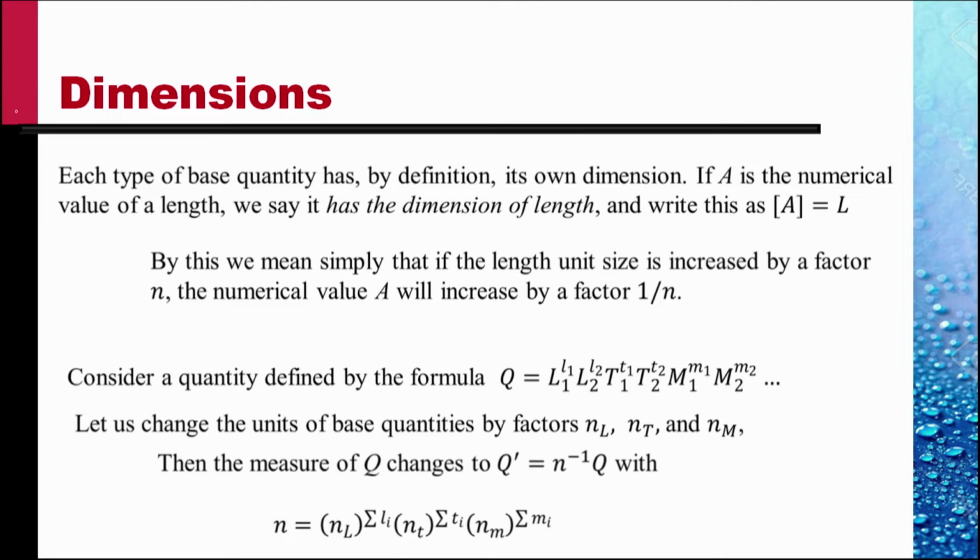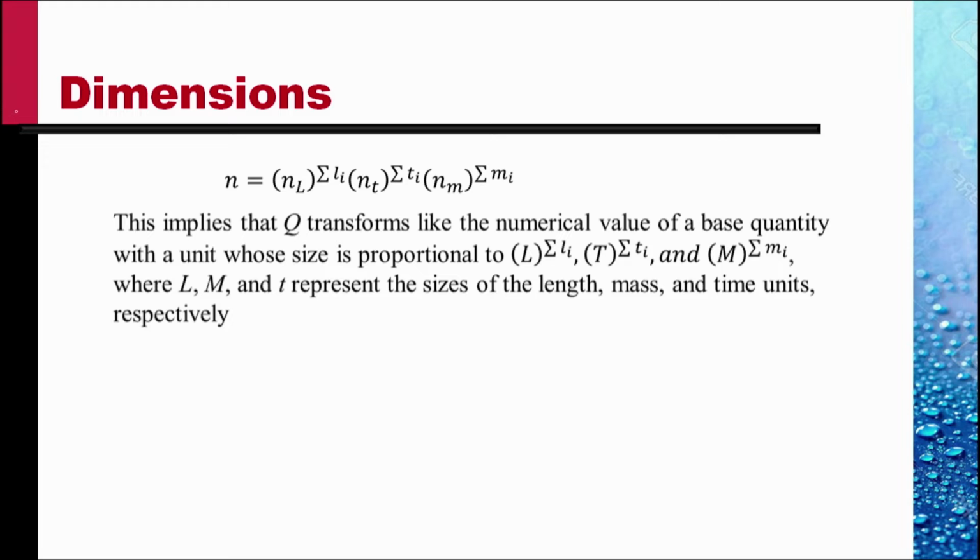Then the measure of Q changes to Q prime equal to n raised to power minus 1 times Q, where n is equal to nL raised to power summation of li, times nT raised to power summation of ti, multiplied by nM raised to power summation of mi.